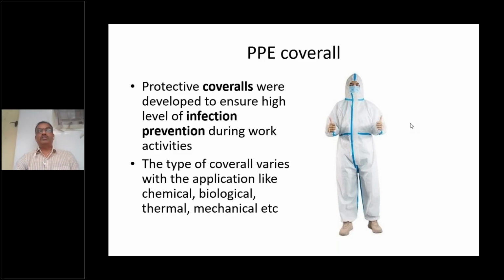So this is the infection prevention case. There are thermal industries and mechanical industries, so there are so many industries using the PPE coverall. In our context, it's purely infection prevention, with that focus, and how the coverall gives the functions for a human being, that we are going to discuss.